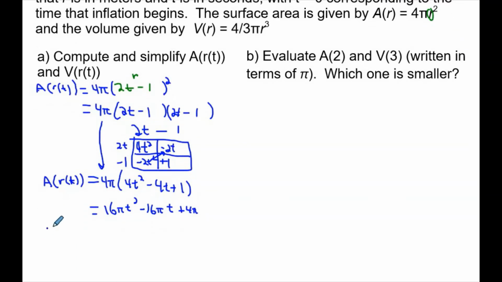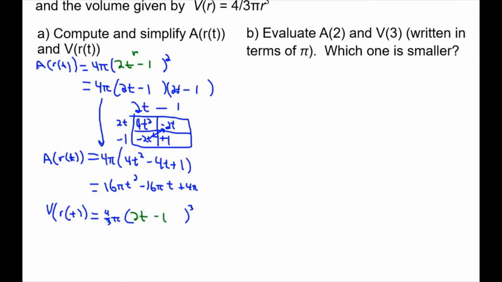To do the volume model, V of r of t, would be very similar, but we'd be using the volume model that was provided. And those volume models are just from geometry. This area and volume model, they're just from regular old geometry. It would be 4/3, and then pi, and then a parentheses, and then a cube. And then inside of there, we're putting r, the same r we had here, so that would be 2t minus 1.